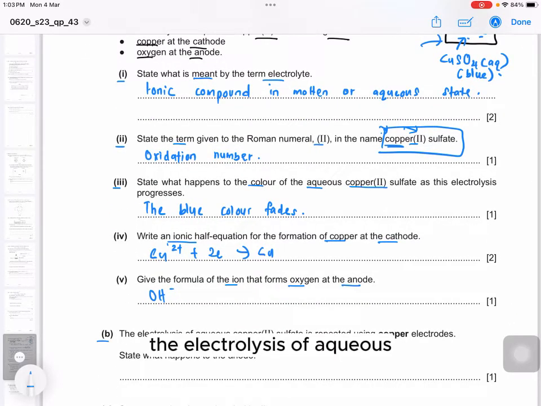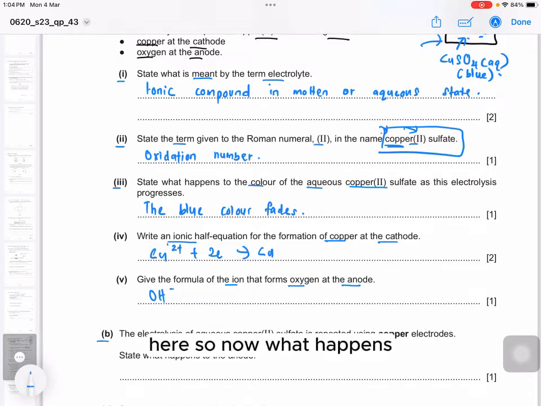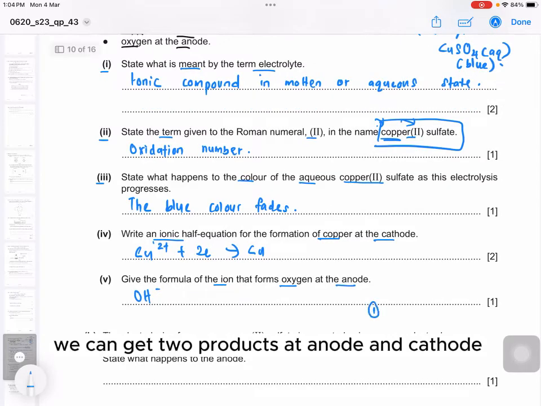The electrolysis of aqueous copper sulfate is repeated using copper electrodes here. So now what happened? With the electrolysis of copper sulfate using copper electrodes, we can get two products at anode and cathode.